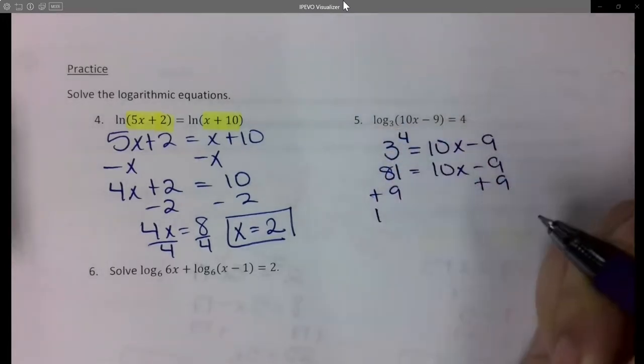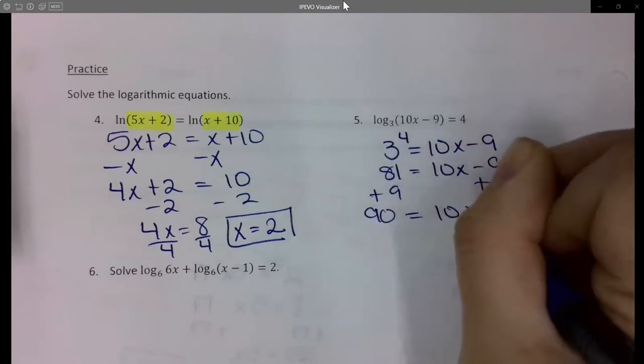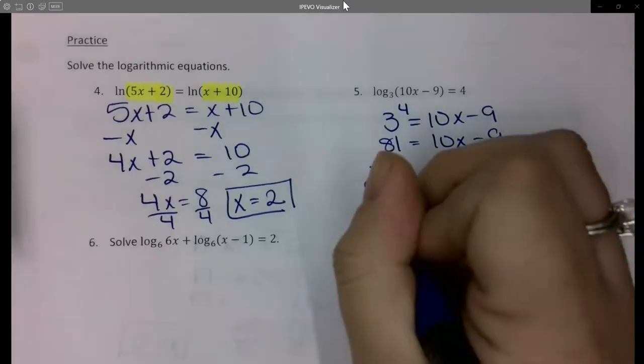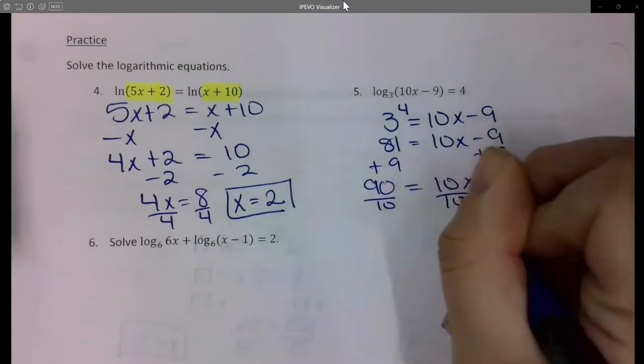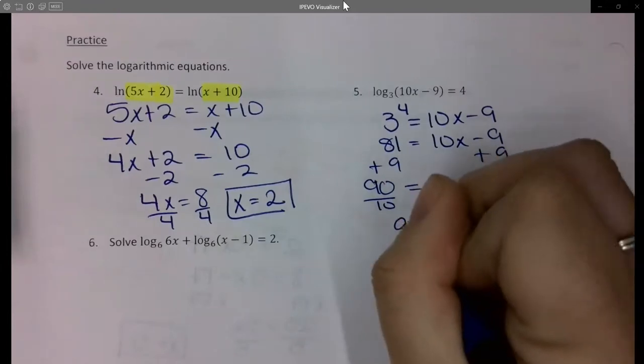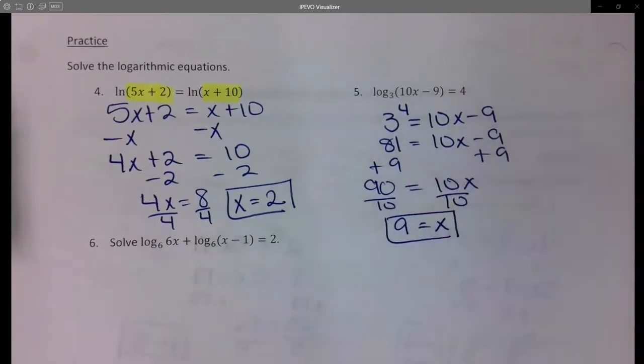I get 90. Then I divide both sides by 10. And I get x equals 9.